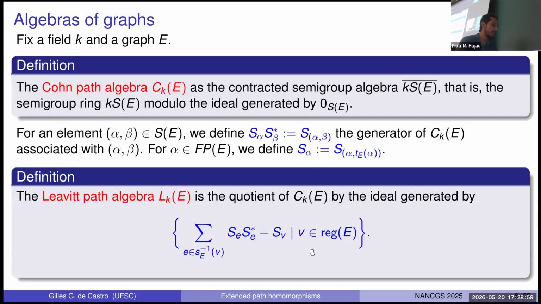So the set is just taking all regular vertices, and you want the regular vertex v to be the sum of s_e s_e star, where the sum is over all e's that start from v. Because v is regular, there's at least one edge, and it's finitely many, so the sum is not 0 and it's well defined. Okay, so this is one way of defining these algebras if you go from the inverse semigroup route.